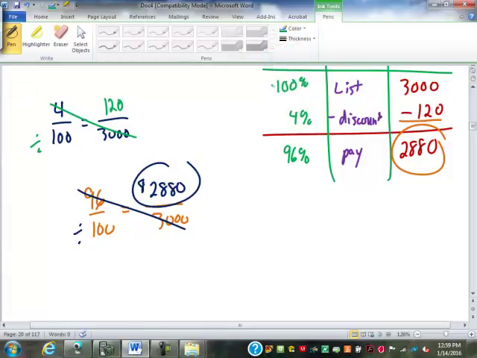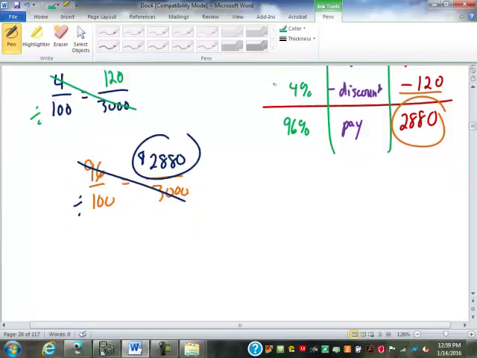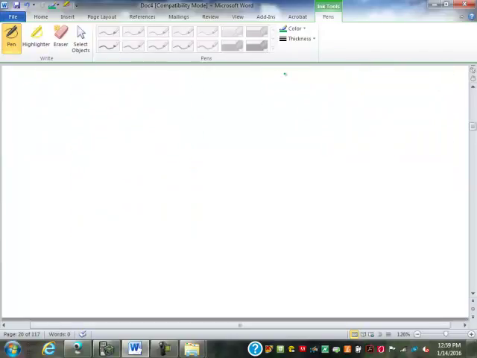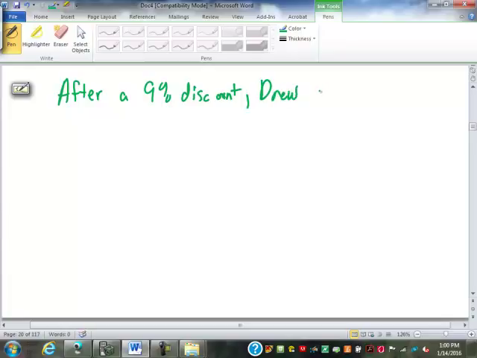Now in this case, it would take about the same amount of work either way. But there are cases where it doesn't work quite so well. For example, let's say that after a 9% discount, Drew pays $637.